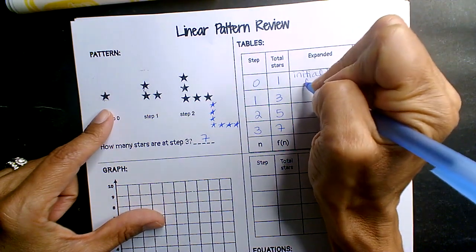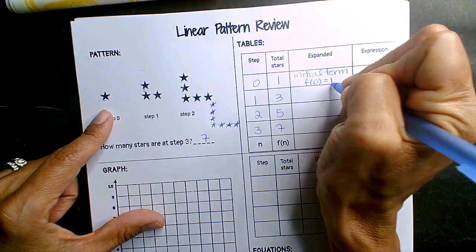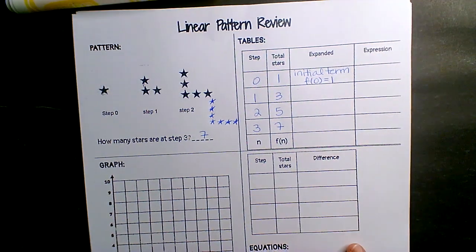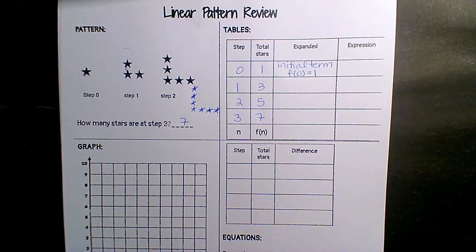And that is f of 0 equals 1. So we start writing in function notation. By the time you test off of this, you've seen it so much that you get comfortable with the writing of it.